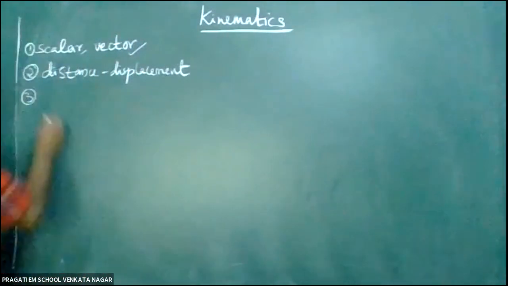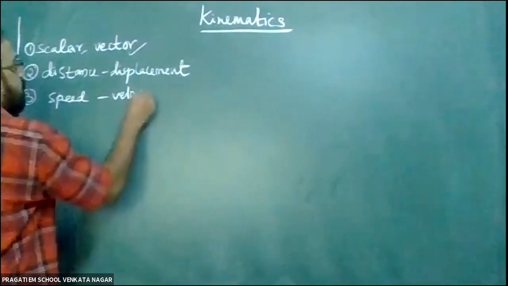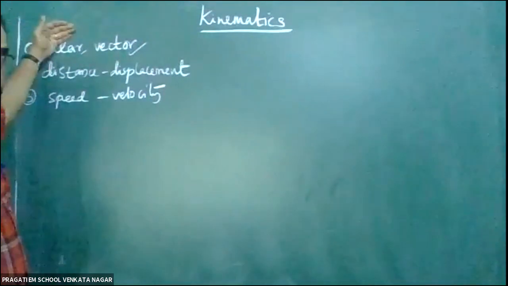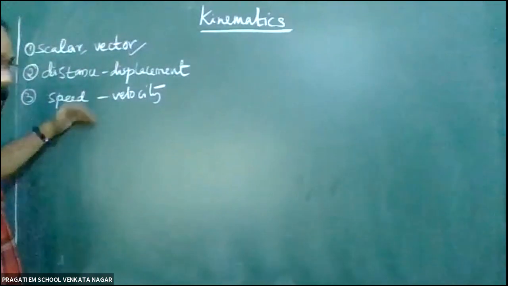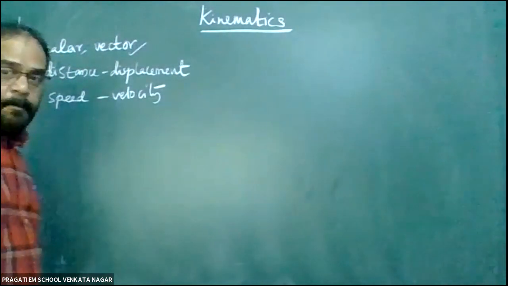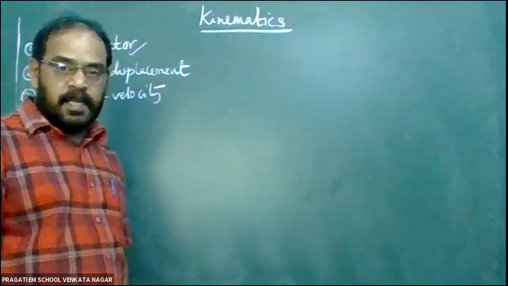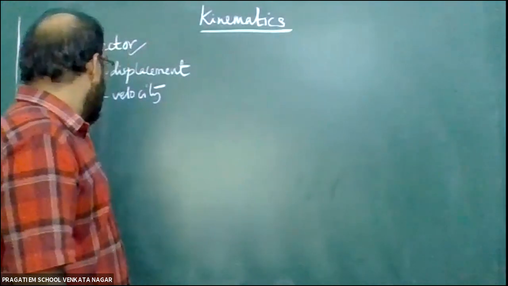And then we studied speed and velocity. So first scalar and vector, distance, displacement, speed and velocity. Do you remember what is speed? Speed is the rate of distance, or distance traveled in unit time.